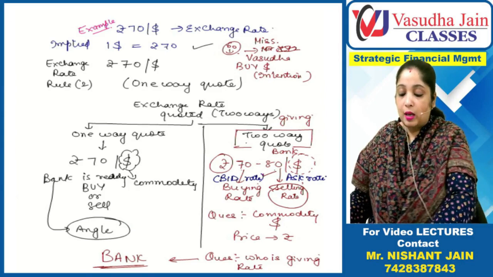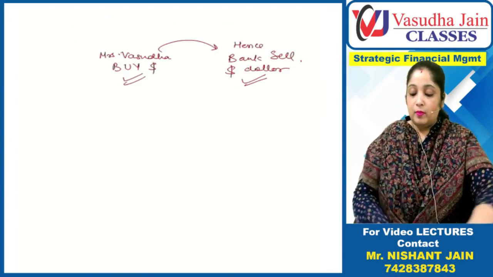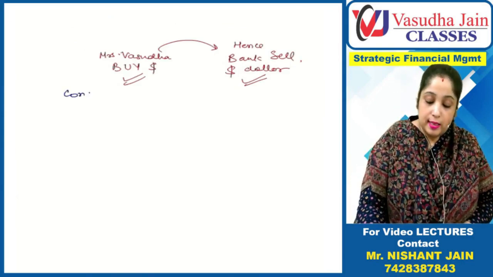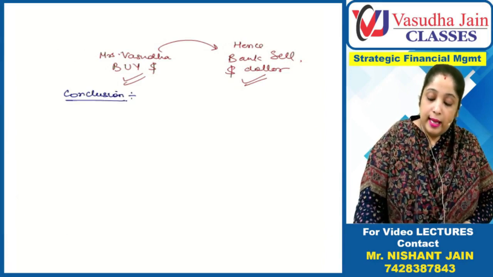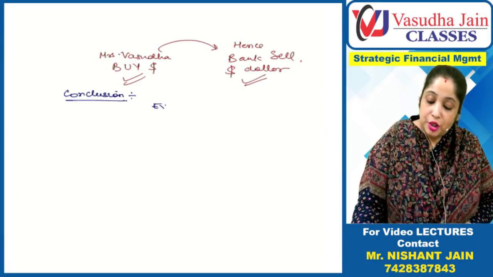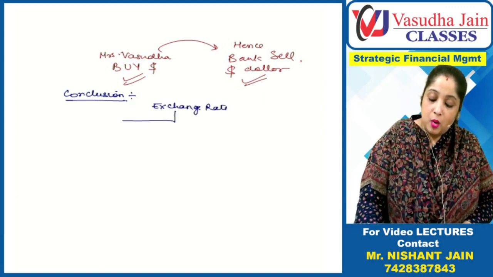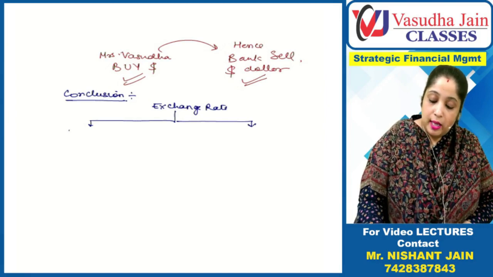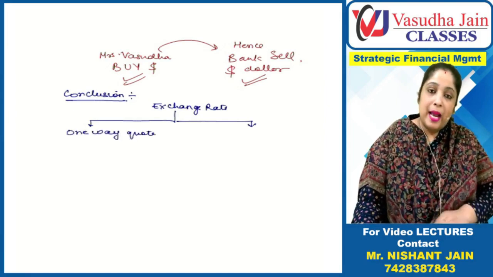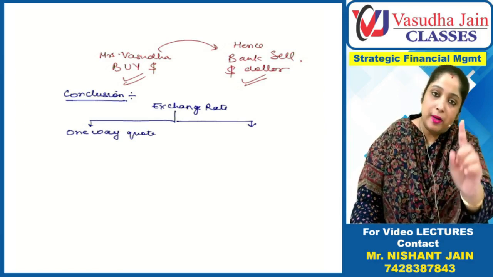So what is the conclusion now? The conclusion is that quotations, exchange rates are quoted in two ways. That is one-way quote. One-way quote implies that the buying and selling rate of the bank is one only.